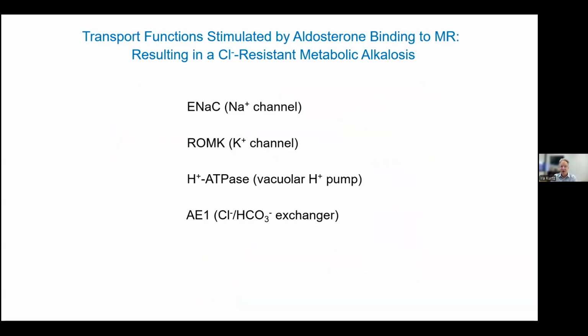You don't have to memorize these, but the ENaC sodium channel is stimulated, the ROMK potassium channel is stimulated, the vacuolar proton pump is, and AE1, the chloride bicarbonate exchanger, is also stimulated. It's really the topic of a separate lecture, but these together generate the metabolic alkalosis.